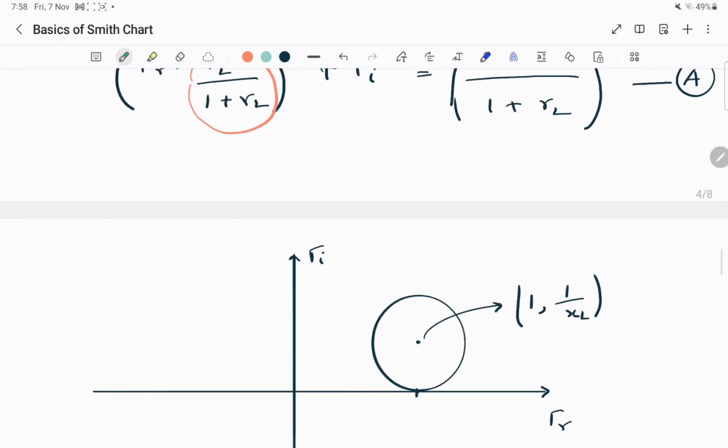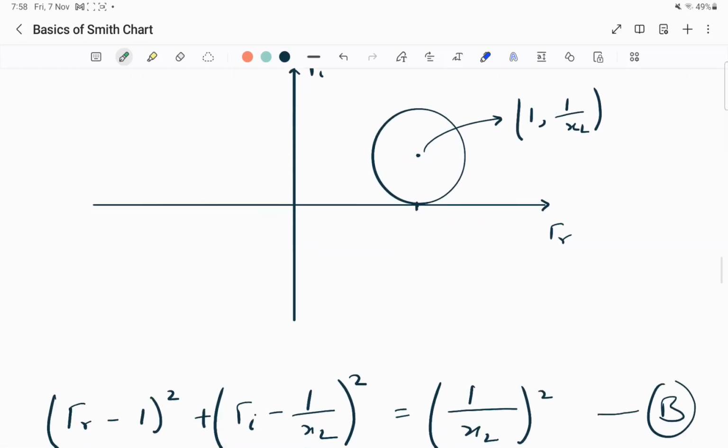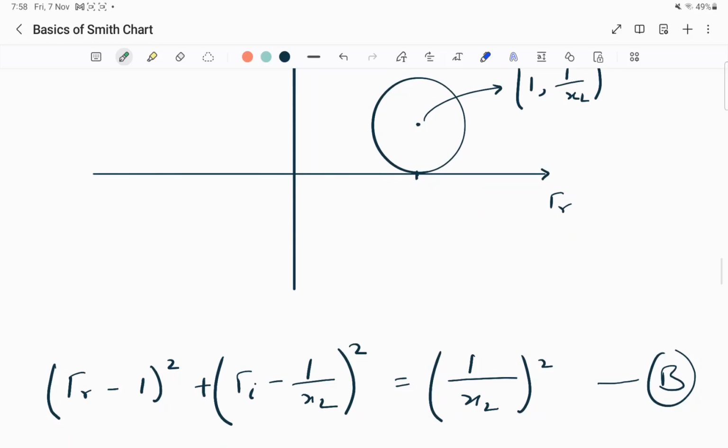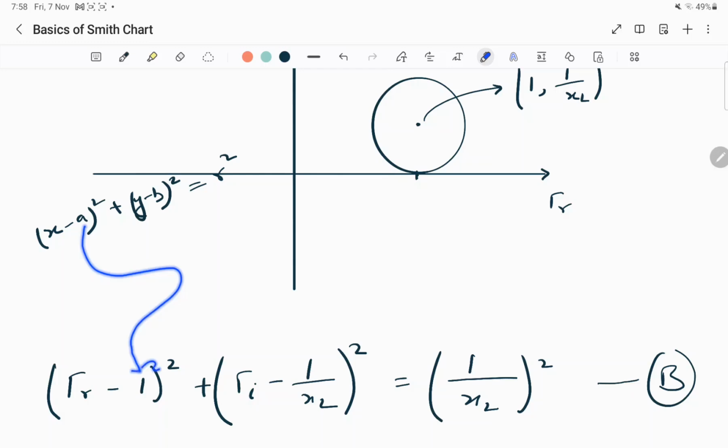Alright, next move on to the second equation, that is equation B. In this equation, when you compare it with (x minus a) whole square plus (y minus b) whole square is equal to r square, you will find that a is 1 and b is 1 over XL and r is 1 over XL.